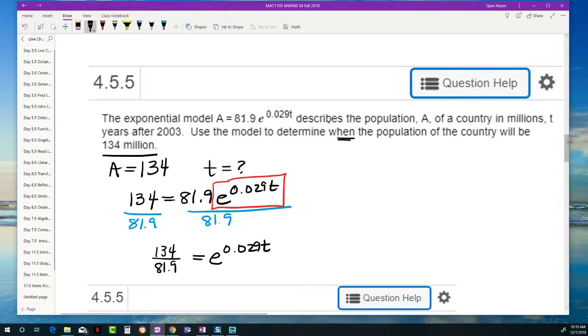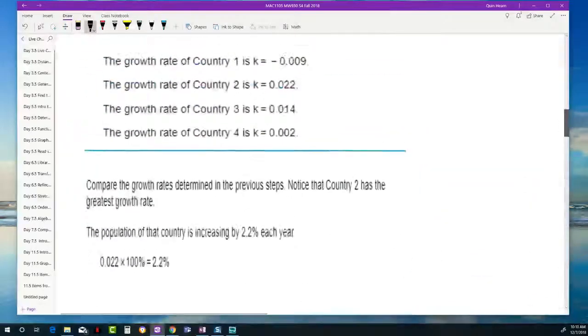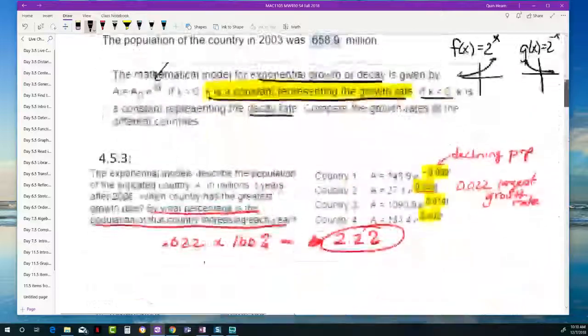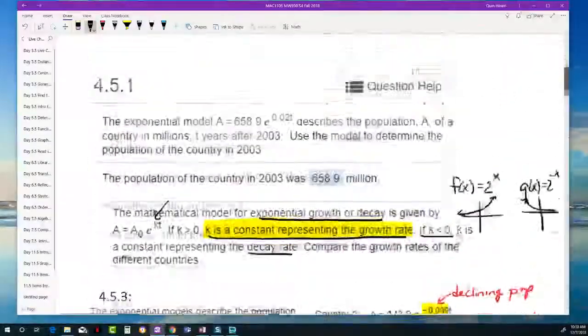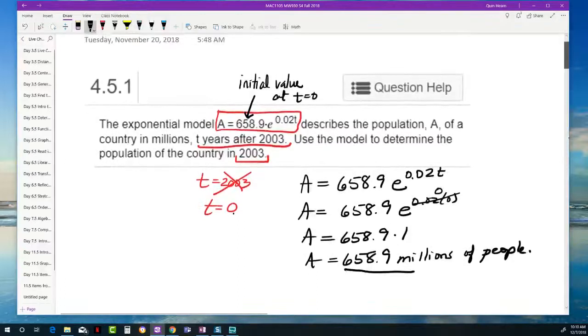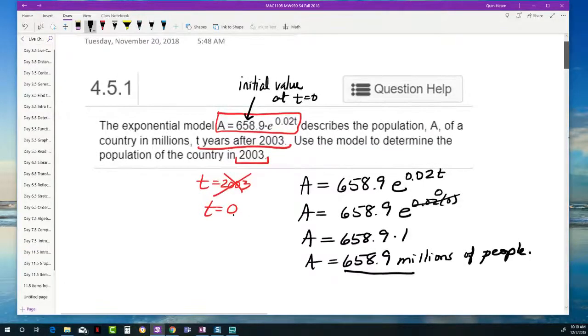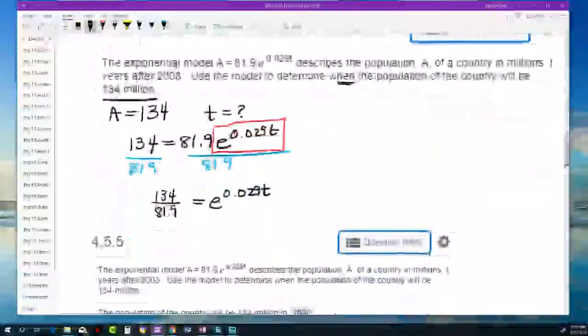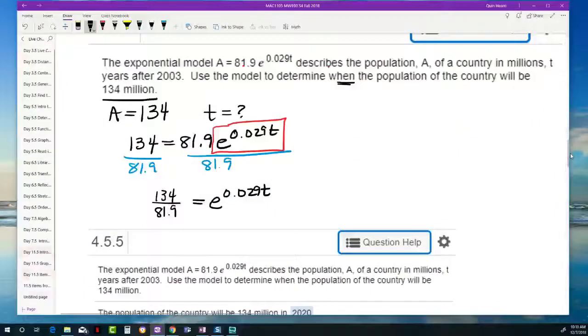Let me see. What did we do here? Well, not this one, right? Not the one where we knew t, but you're probably talking about the one in the previous page.